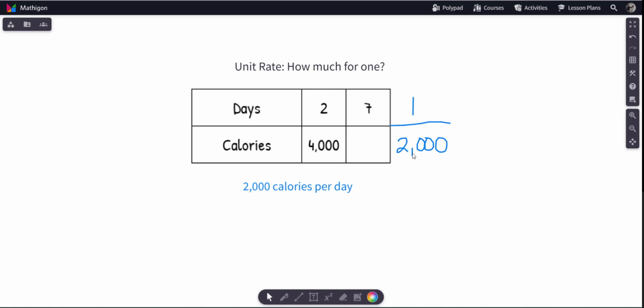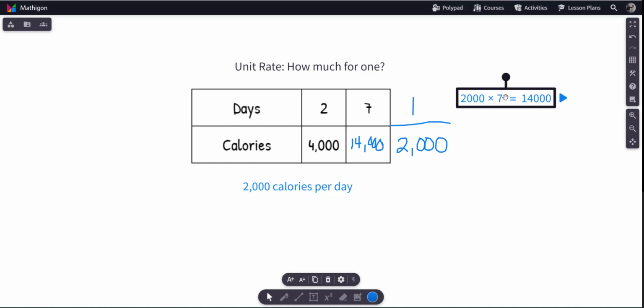So 7 groups of 2,000, which is 14,000. And the way Kashan did it is that he took 2,000 for each day and then multiplied by 7 to get 14,000. So that's 14,000 for 7 days.